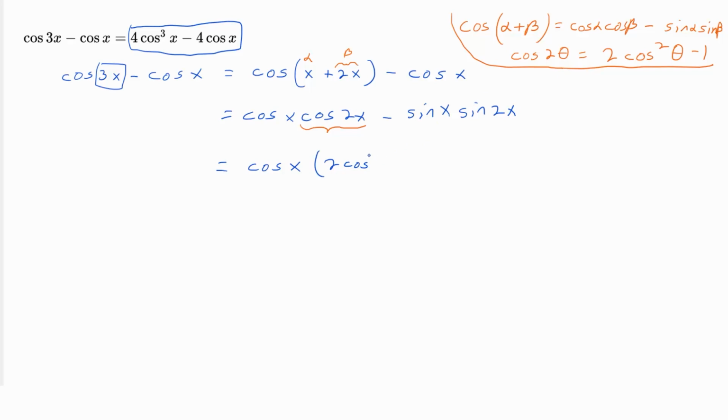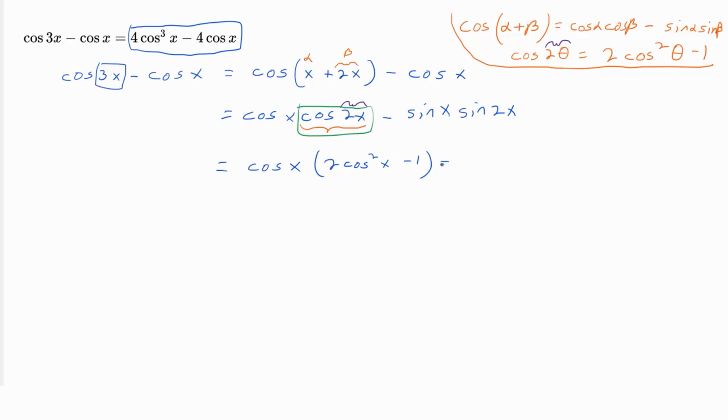Well, what's acting like the 2 theta right here? Oh, it's just 2x, isn't it? So it's a direct replacement, just replace theta with x. So we get 2 cosine squared x minus 1 in parentheses in place of this guy. So that's the substitution I'm making.